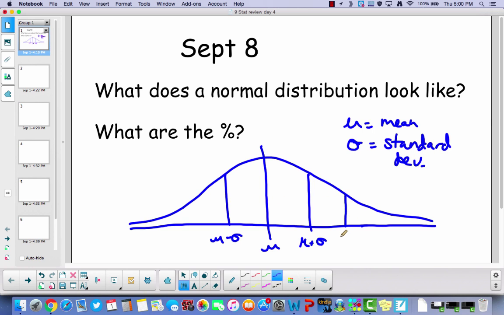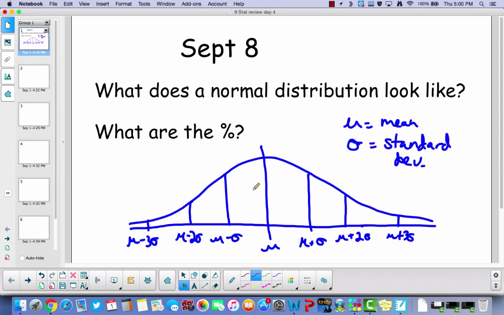We have our mean plus 2 standard deviations, and we have our mean minus 2 standard deviations, and then we have our mean plus 3 standard deviations, and our mean minus 3 standard deviations. And when we get down to here, it's incredibly small.